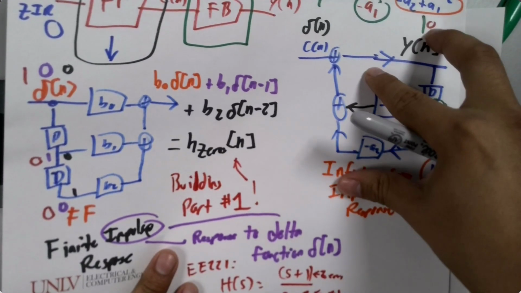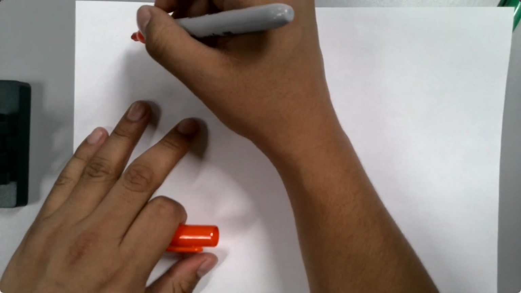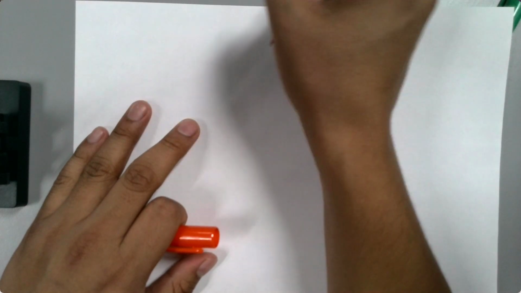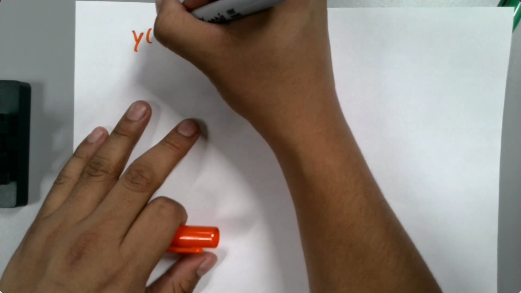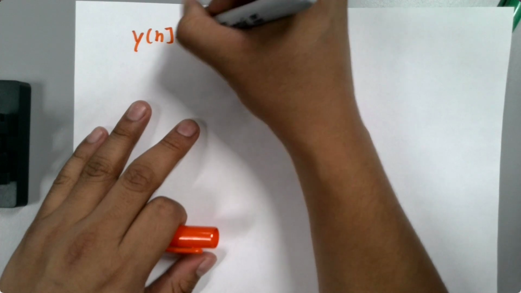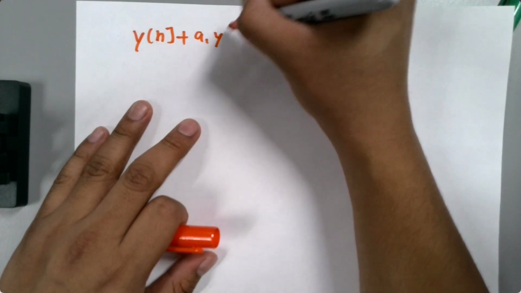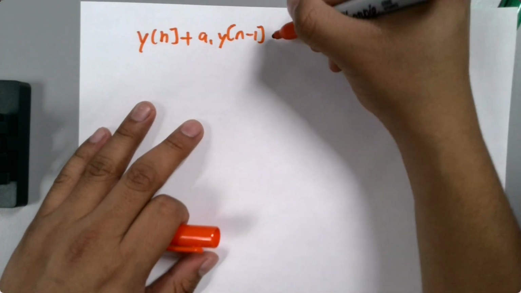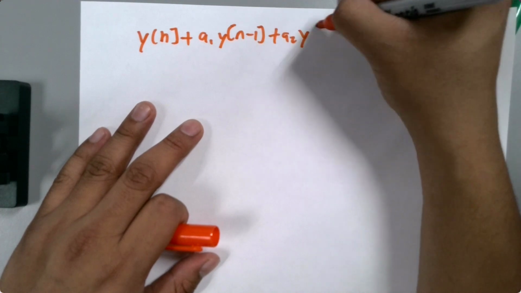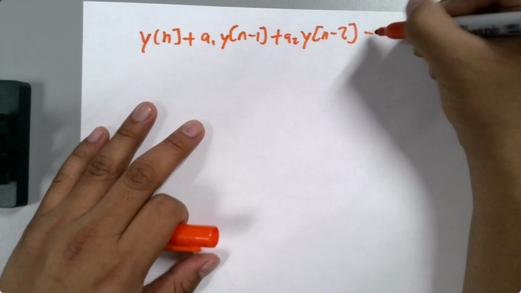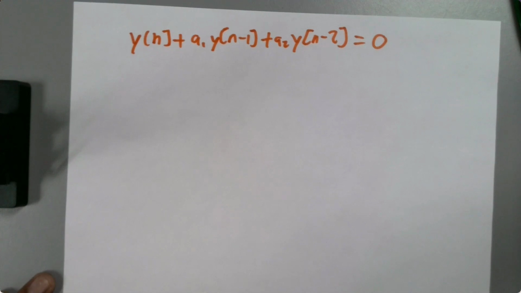So remember how I said we're going to treat this as just an engineering part, right? So if I were to model that circuit, let me think. If I were to do this, y of n plus a1 y of n minus 1 plus a2 y of n minus 2, right? Okay?